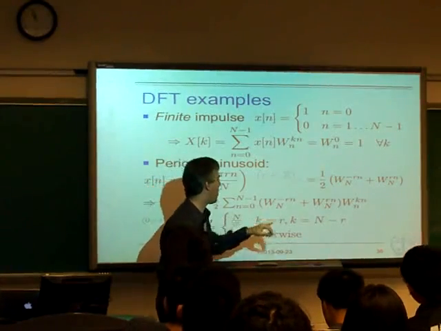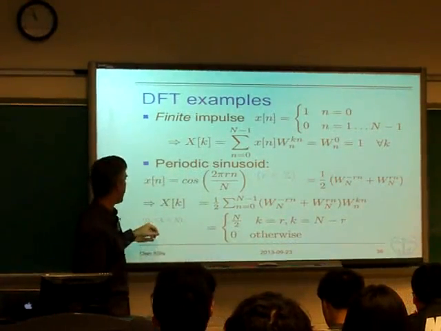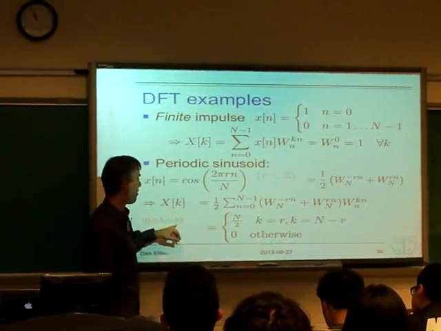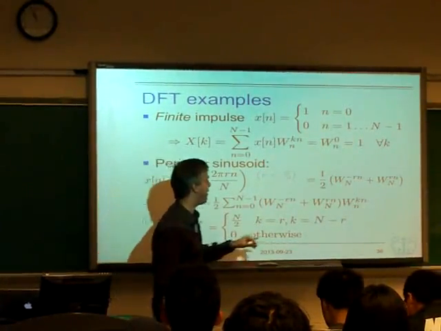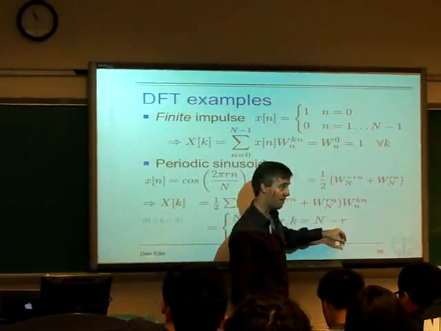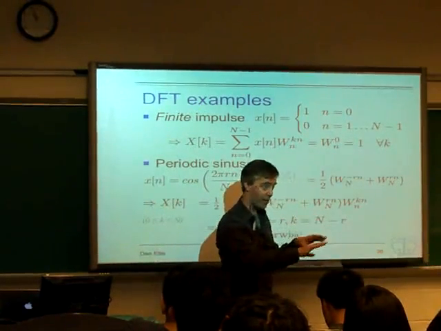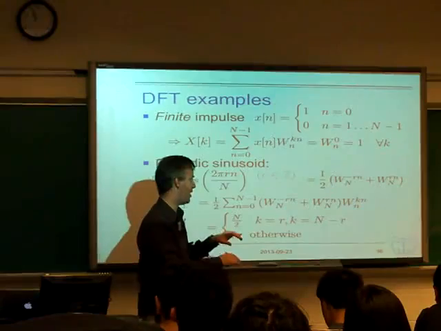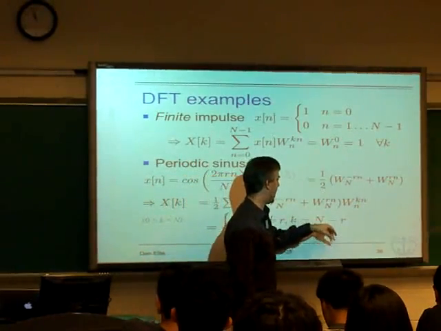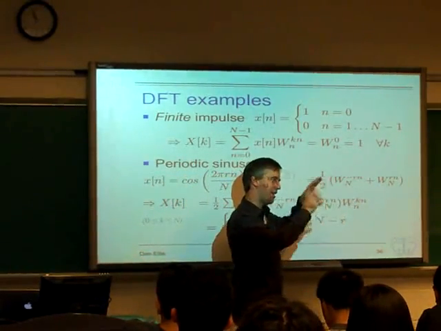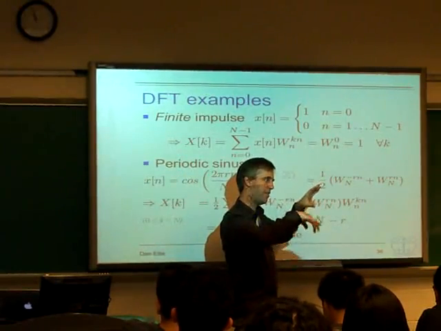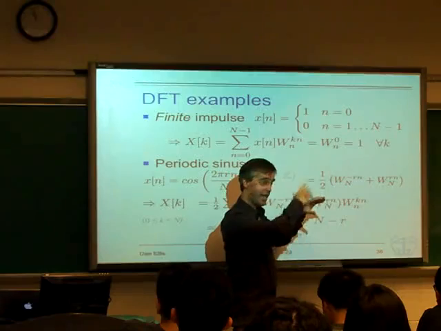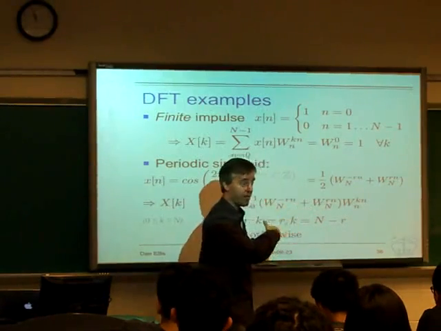But k is not going to be equal to minus R because k is restricted to be between 0 and N. However, it can be N minus R, which is minus R shifted over by one period of N. And then this also works out to be the same, because W sub N to the (N minus R) is W sub N to the N times W sub N to the minus R. W sub N to the N is just 1, so it disappears.